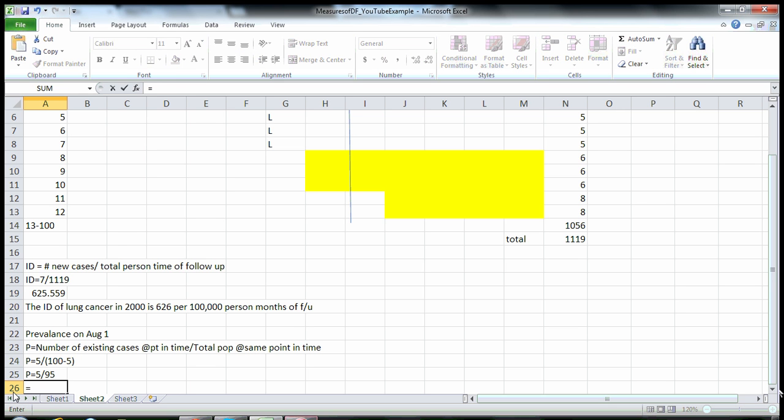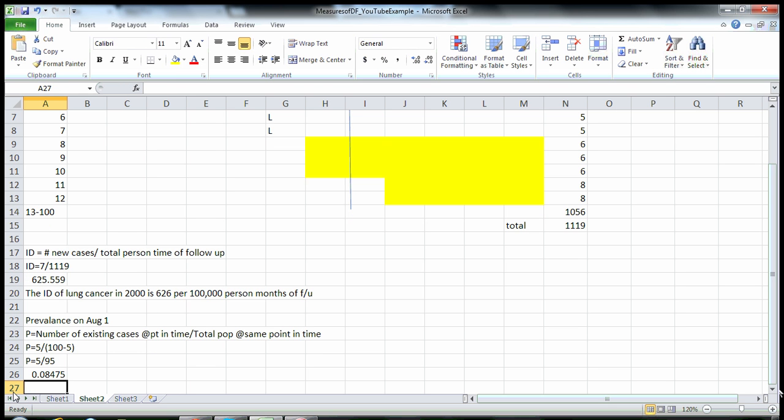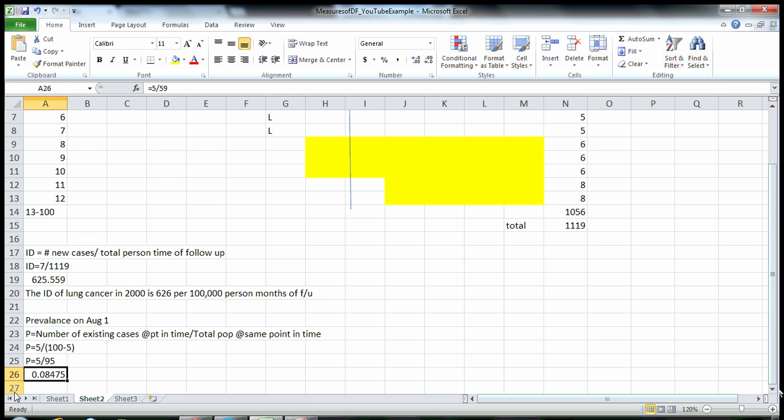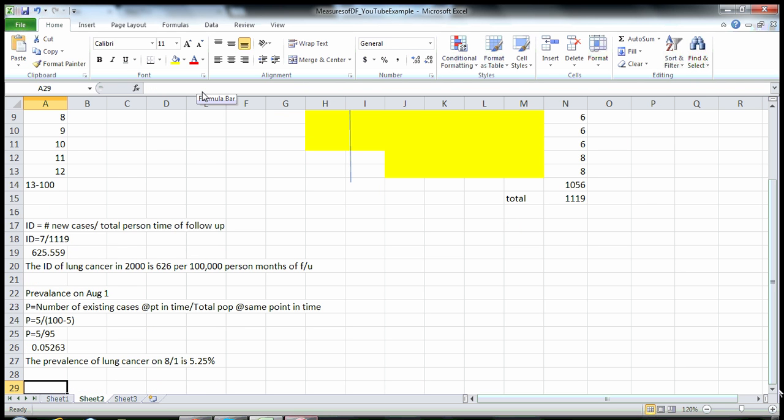Let Excel do that for us. So that looks like, we had a little error there, 5 out of 95, looks like 5.26%. So the prevalence of lung cancer on August 1st is 5.26%. Remember, you always want to write your sentences.